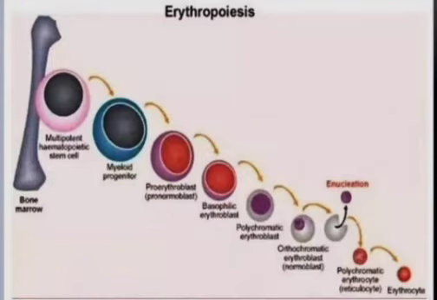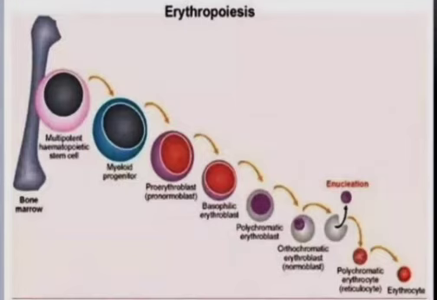The first step of erythrocyte production is the differentiation of pluripotent stem cell to colony-forming units for erythroid.